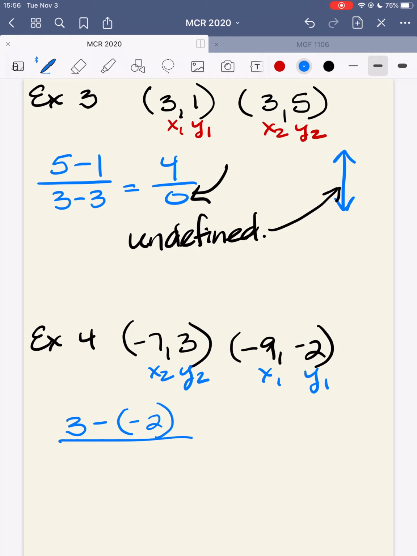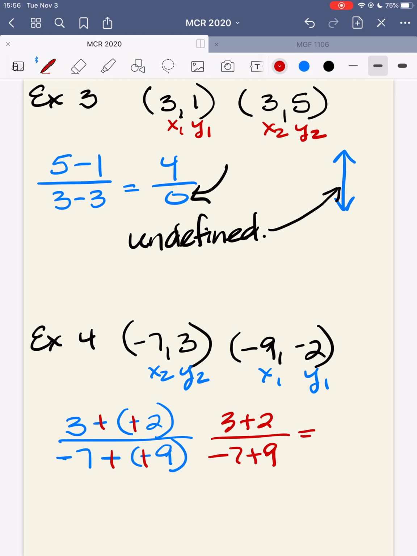And then if I do the same on the bottom, x2 is negative 7, minus a negative 9. So what's going to happen with both of these is both my signs are going to change here. So I actually have 3 plus 2 and negative 7 plus 9. Okay, 3 plus 2 is 5. Negative 7 plus 9 is 2. And so my slope here is 5 over 2.